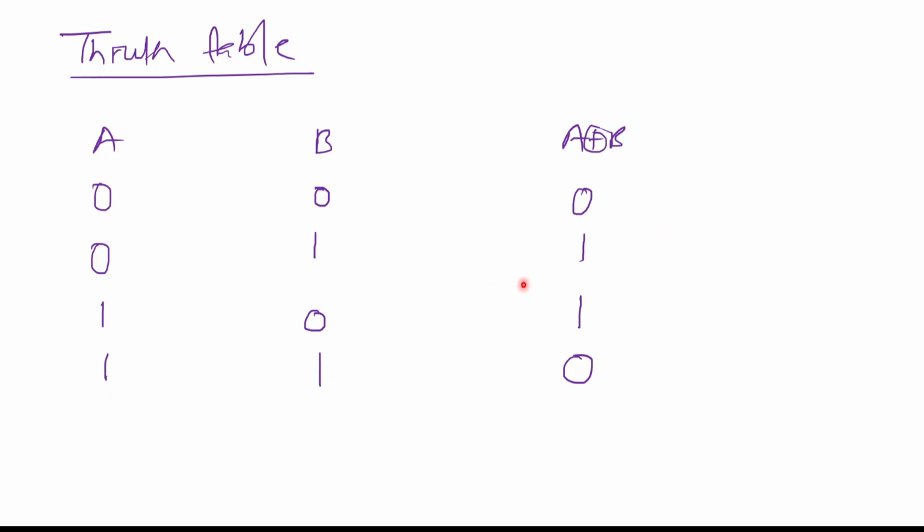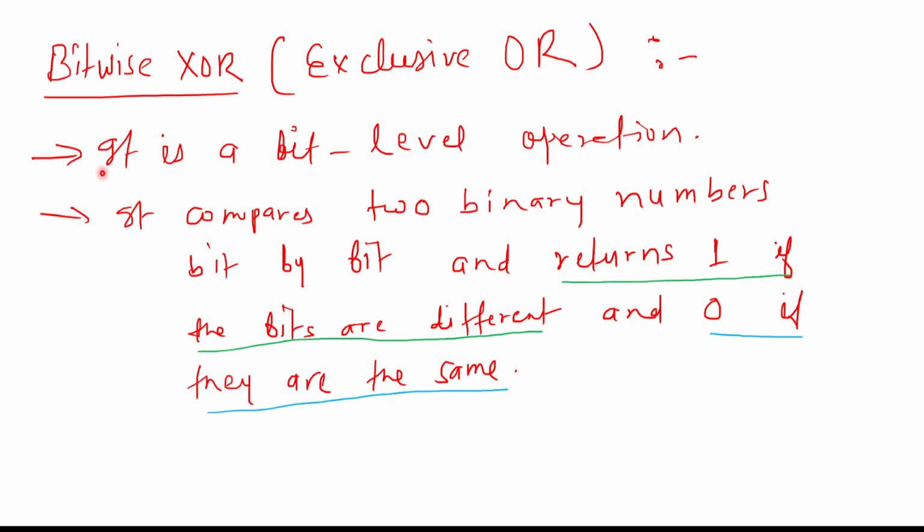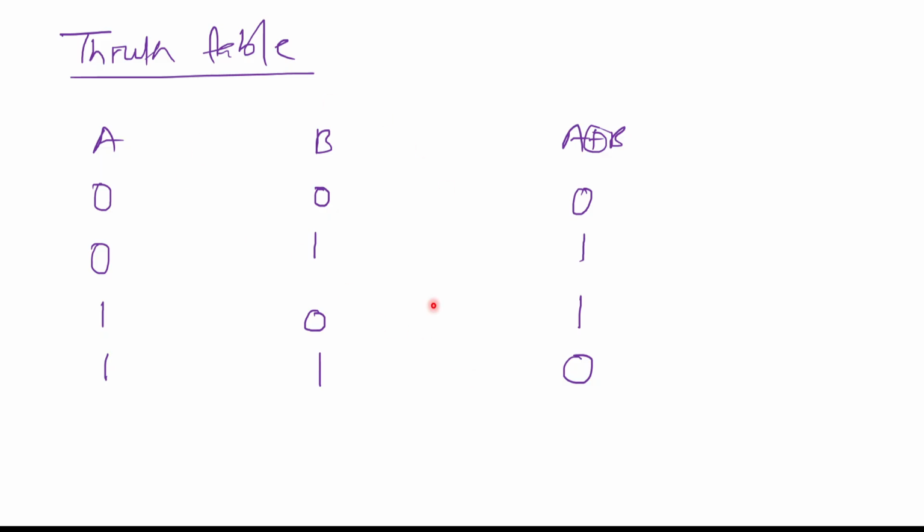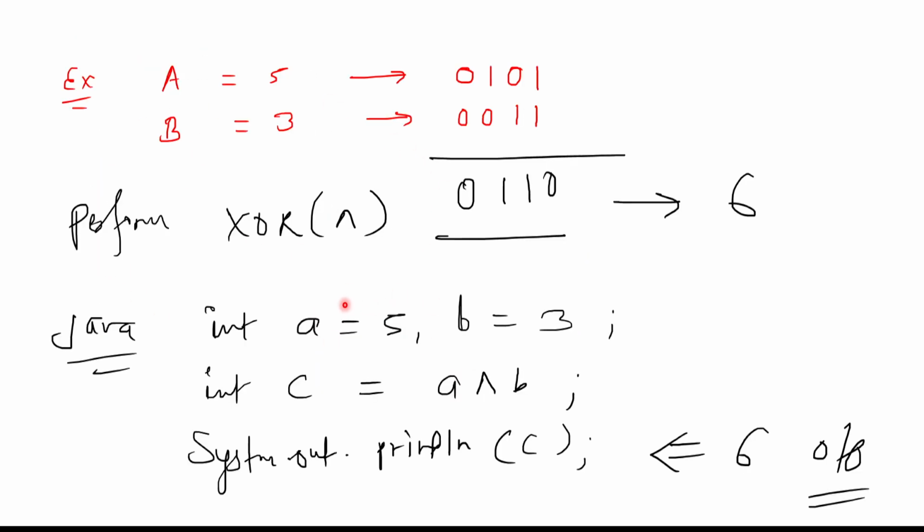This is what we know about bitwise XOR operations: we compare two binary numbers bit by bit, and it returns 1 if they are different and 0 if they are the same.